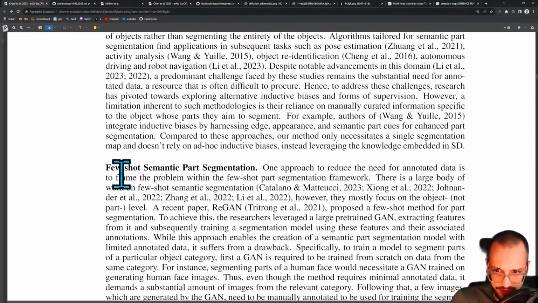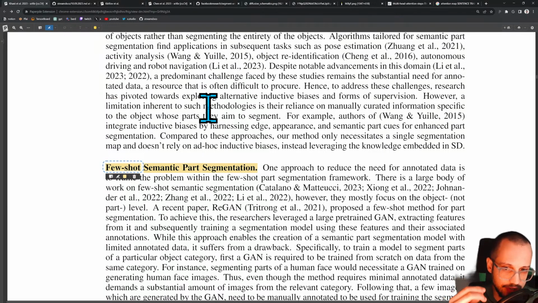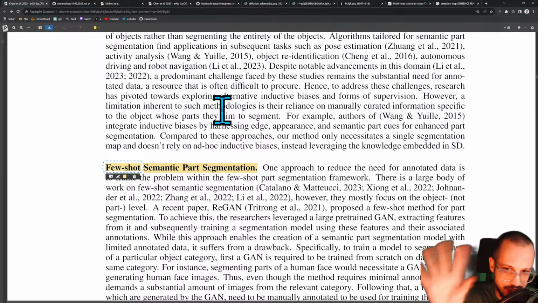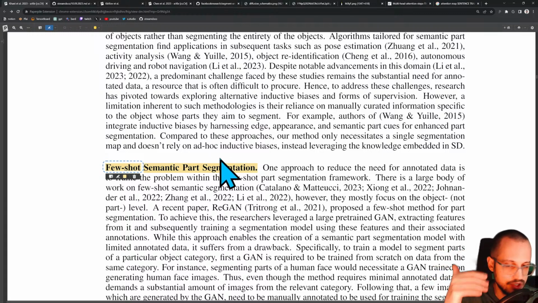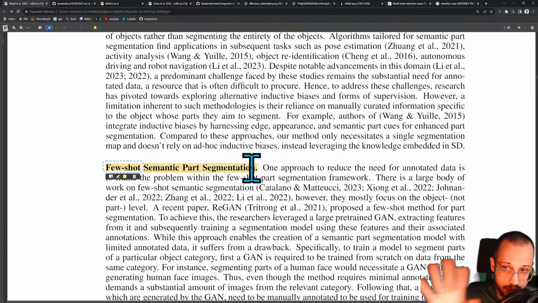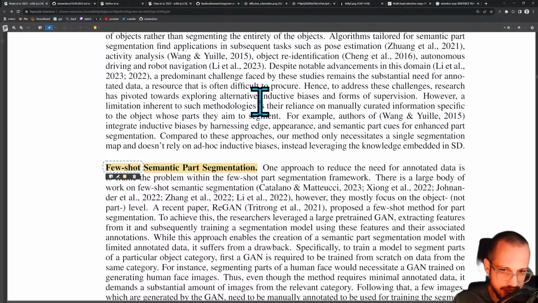What else? Few shot semantic part segmentation. Okay, so semantic part segmentation, but now few shot. Few shot means that you only have a few examples, right? You're not necessarily taking a giant pre-trained model and then fine-tuning it for some long amount of time on your own custom data set. Here, you're basically taking your model, which comes from your pre-training process, and even the definitions of what is pre-training, what is fine-tuning, are starting to melt away, right?